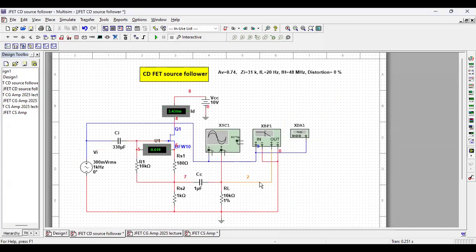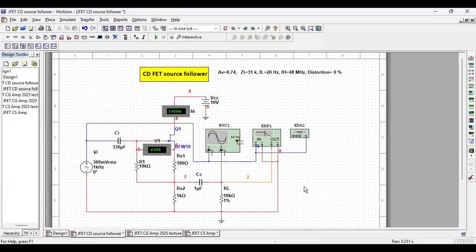This common drain amplifier, like the common collector amplifier, which is called the emitter follower, is called the source follower. The same, this RS has been divided into two parts, and when I calculated to provide minus points for the IDS of 3.5 milliampere multiplied by 180 ohm, it provides me around 600 millivolt, which is necessary between the gate and the source.